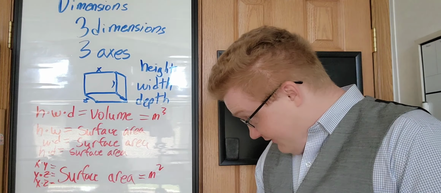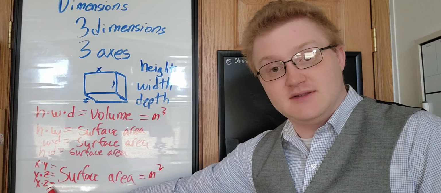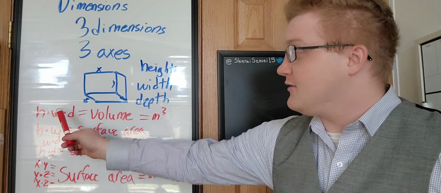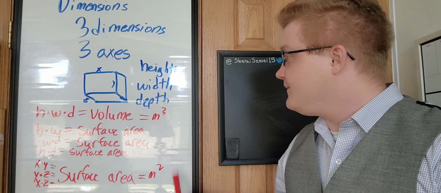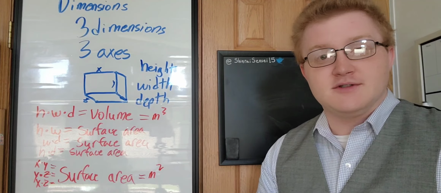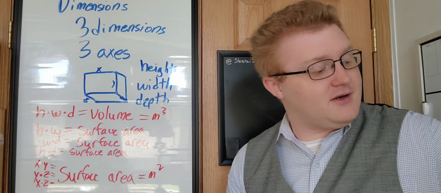Because obviously you're multiplying two dimensions together here, whereas here you're multiplying three dimensions together, which is the difference between squaring and cubing, right? So there's some basics on science and some basics on math that are both going to be useful for your studies.